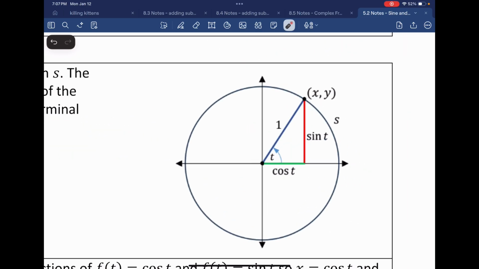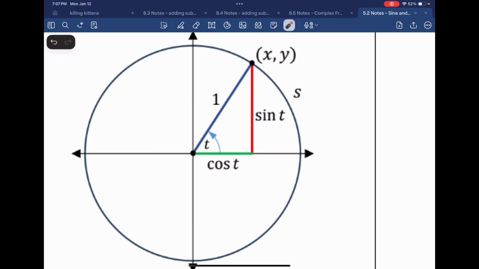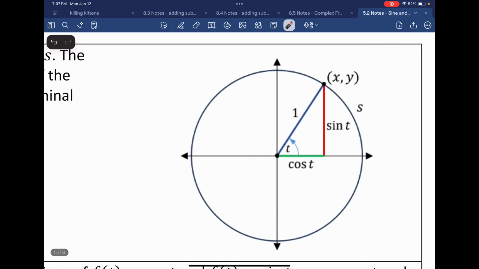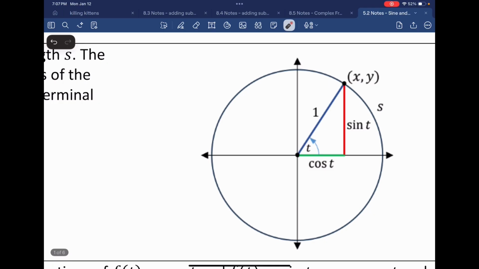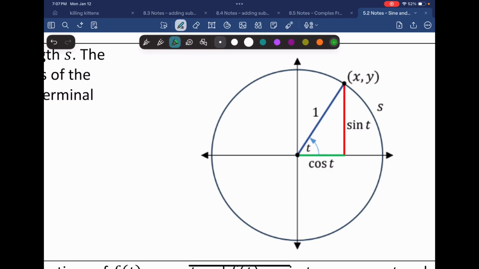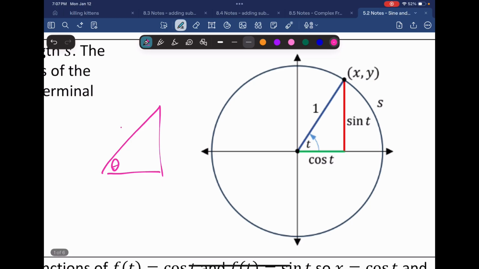All right, now let's talk about where this cosine and sine comes from before we get to the next section. Now we go back to right triangle trig. Let's say our angle is here. Okay, then we know our hypotenuse is 1.